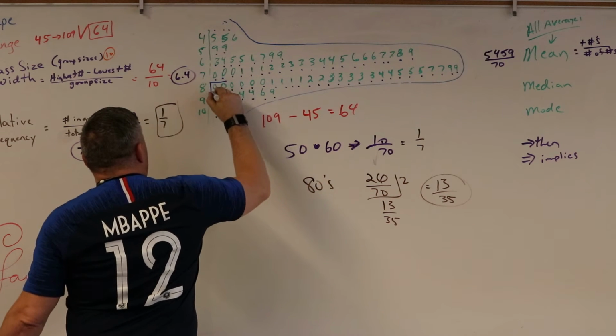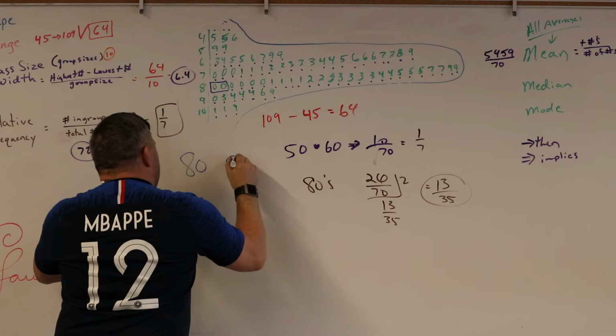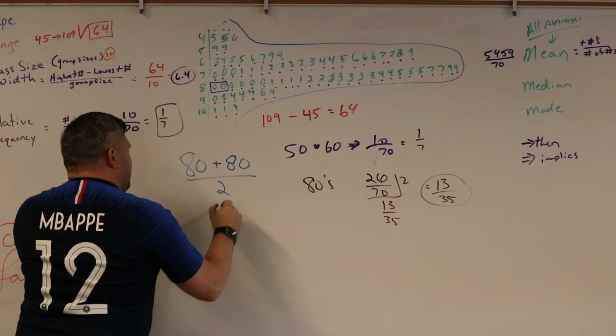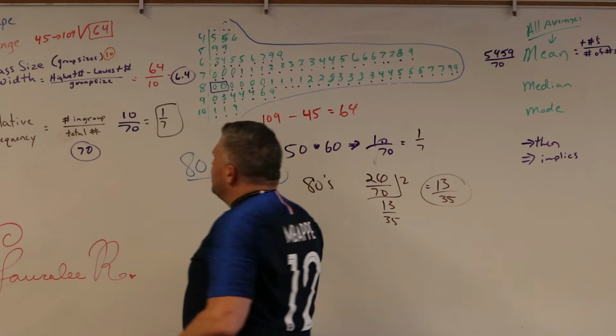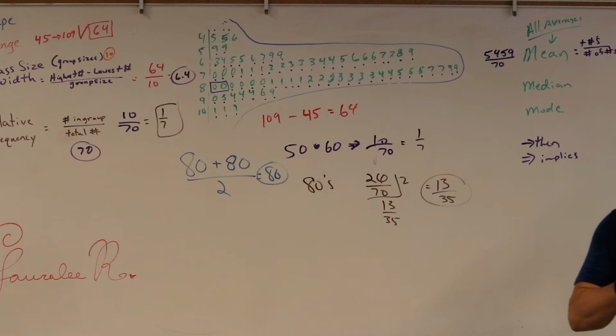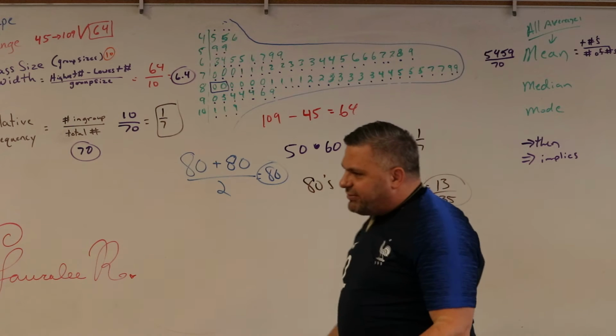The middle is these two. So it's 80 and 80. So we're going to add those up, divide by 2, and guess what we get? 80. Okay? So the median, if you have an even amount of numbers, which we did, right? We had 70.